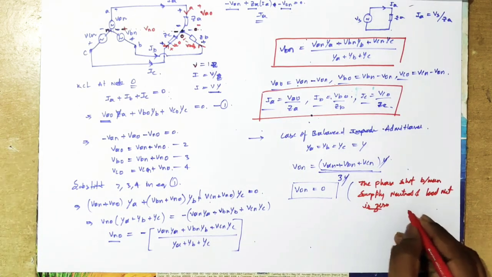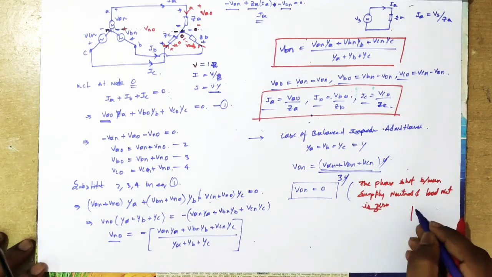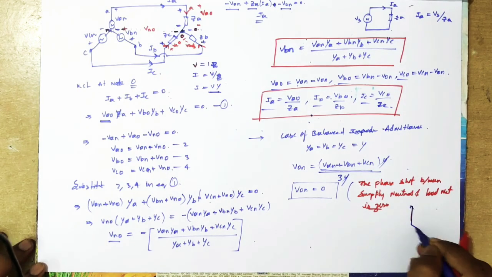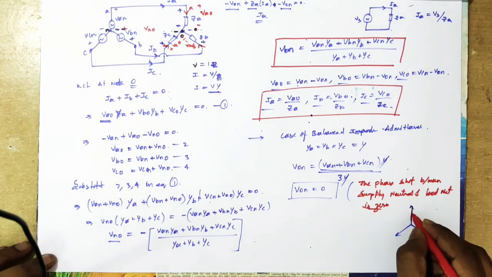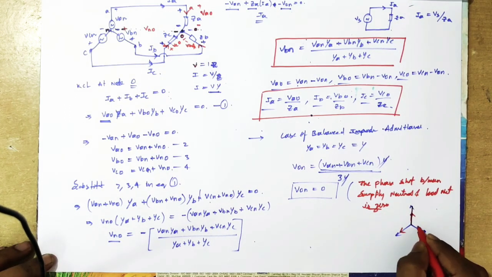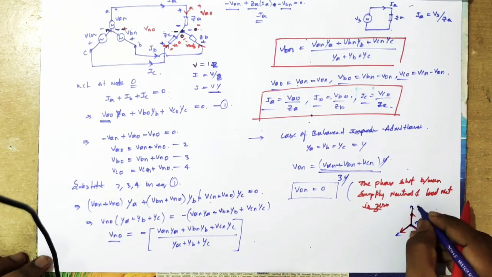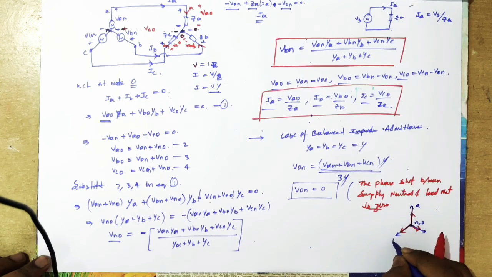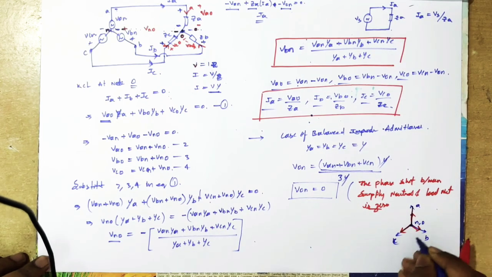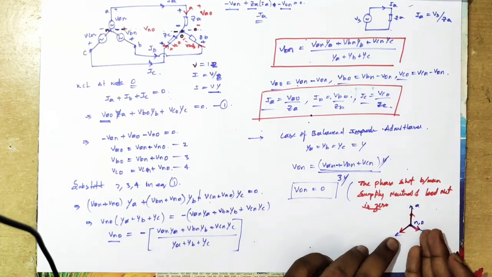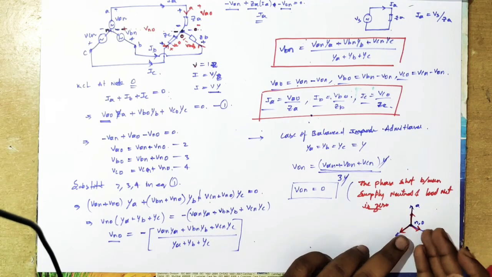That is, these are the supply voltages, and we have the load voltages in the same phase. That is, this is N and O, so both are the same point. This is A, B, C. Okay, that is, the supply voltages and the load voltages have the same phase.